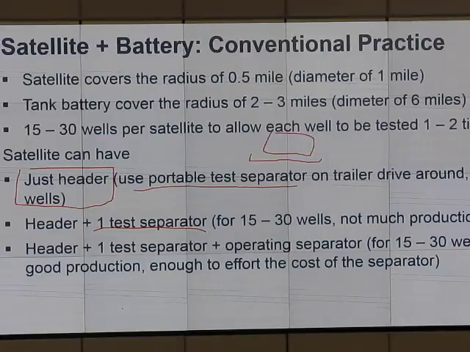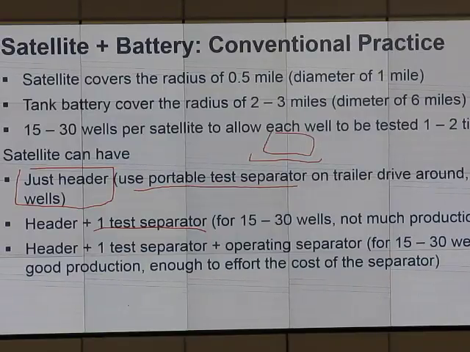If your line is at 100 psi, your test separator has to be a little above that, maybe 15 psi above the line pressure, so you have enough pressure to push everything back to the trunk line. The trunk line is the line between the satellite and the main battery.